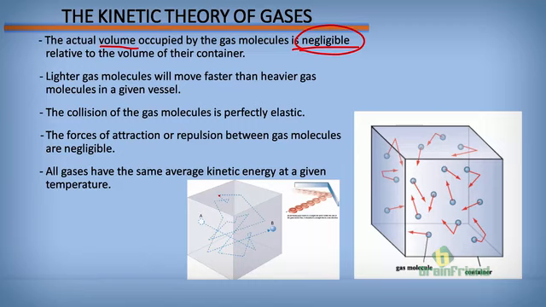Another assumption is that lighter gas molecules will move faster than heavier gas molecules in a given vessel. Of course, that makes sense because, for example, let's use solid particles. If you have a piece of paper and a piece of glass on a table and you blow air on both of them at the same time, what happens?